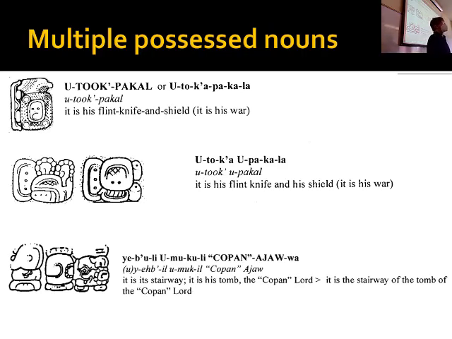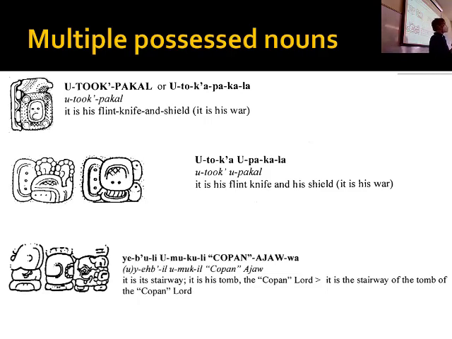Now you can combine multiple pronouns in a phrase, like the one, remember, uchak pakal kinich versus chaku pakal kinich. But here you have utok pakal, or sometimes utok upakal. So here you have the same pakal, with u, and this is tok, utok, and here logograms, flint and shield, tok, pakal.